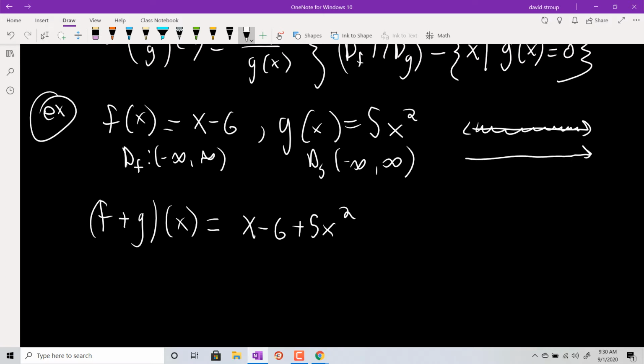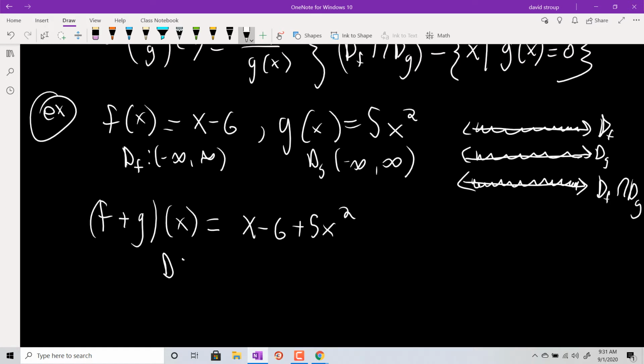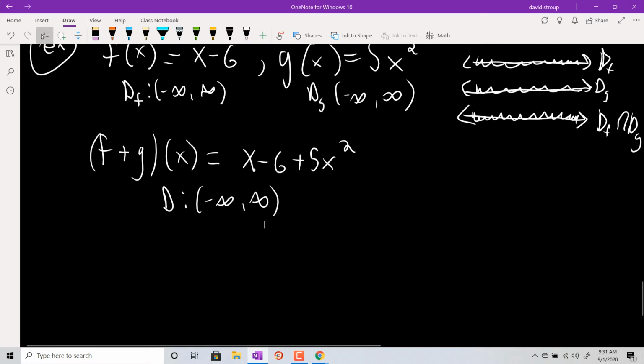The domain of g of x is all real numbers. So the intersection of those two domains is all real numbers again, because every number is in both intervals. So remember, to be in the intersection, you have to be in both of the intervals, and every number is in the domain of f and the domain of g. So here the domain will be all real numbers. Okay.